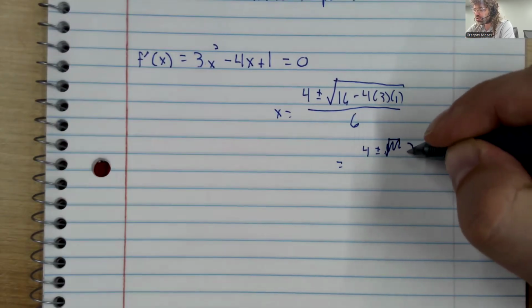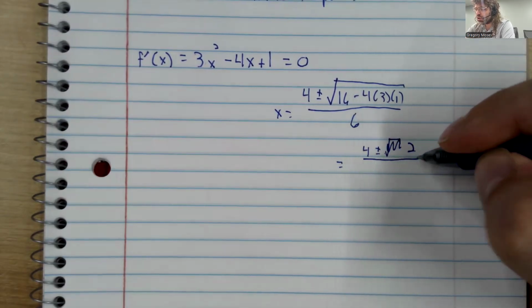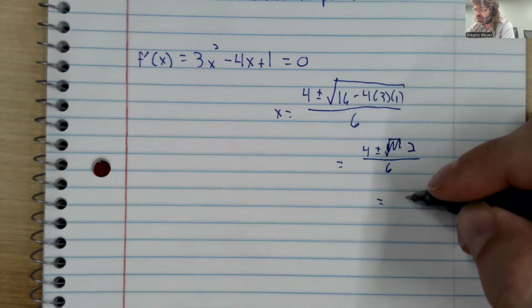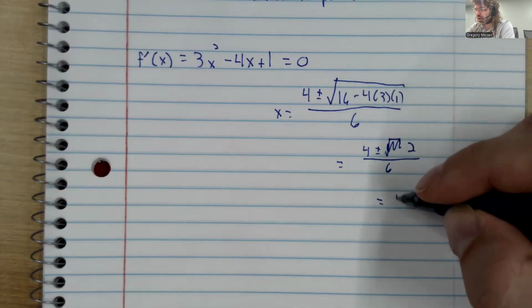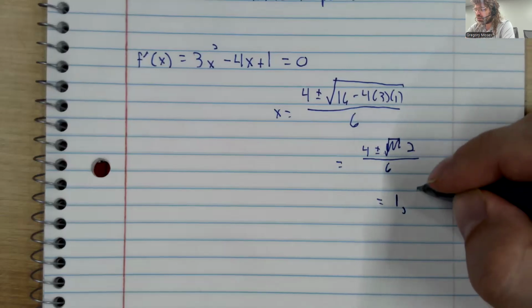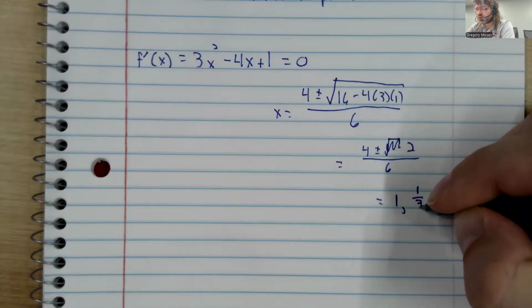So 4 plus or minus 2, all divided by 6. So 1 and 1/3.